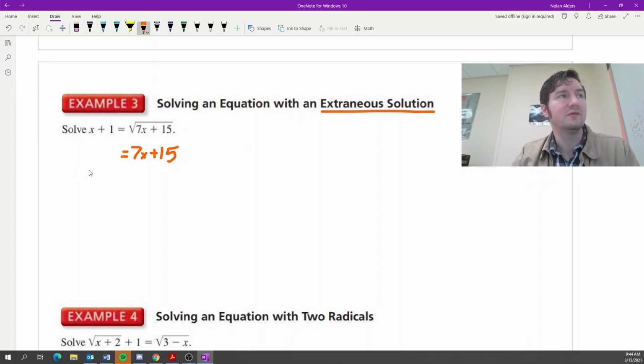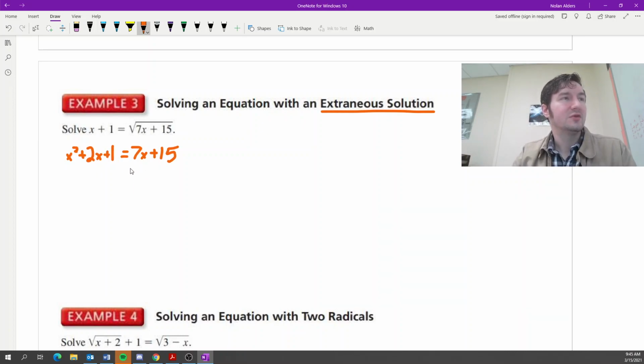So x plus 1 squared, we're going to have to FOIL it. x plus 1 squared comes out to be x squared, x times 1 plus x times 1 is 2x, and then 1 times 1 is 1. So x plus 1 squared is x squared plus 2x plus 1.